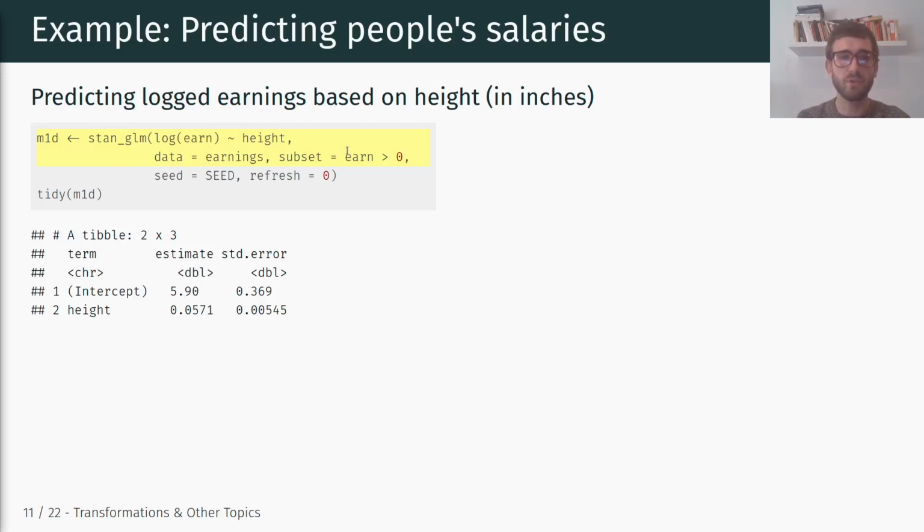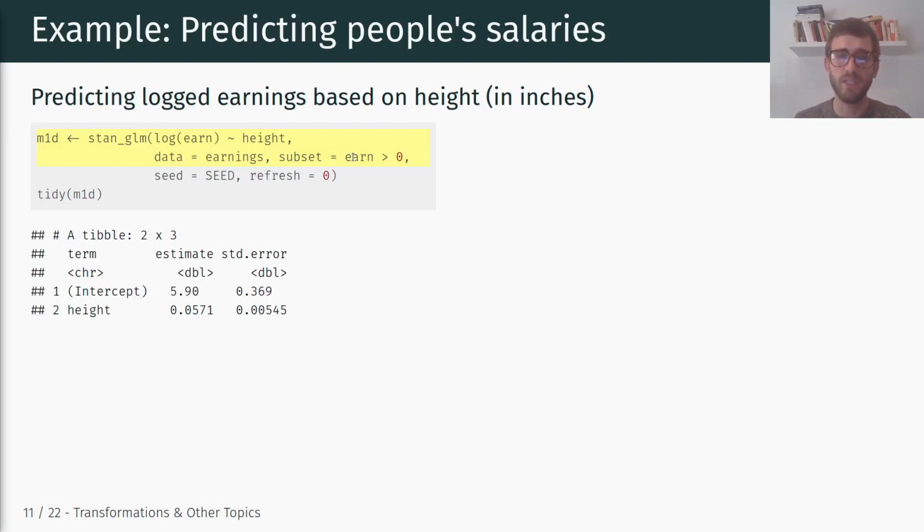One thing we have to do, though, just to make you aware, we're looking here at a subset of the data. We have to discard all observations for which the salary was equal to 0, because we can only take the logarithm of positive values. The logarithm of 0 approaches minus infinity.